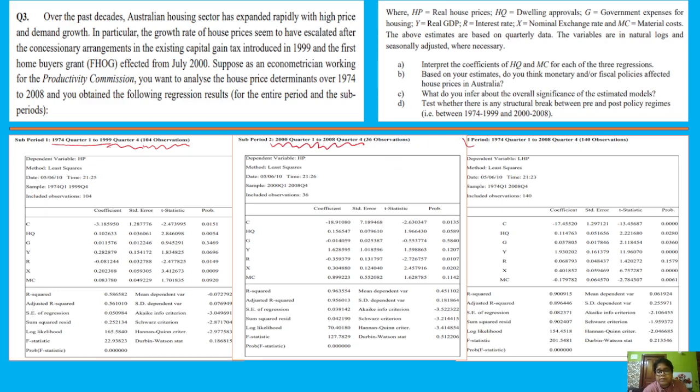Then we have run the regression for the entire period, 1974 quarter 1 to 2008 quarter 4, so the entire observation is 140.